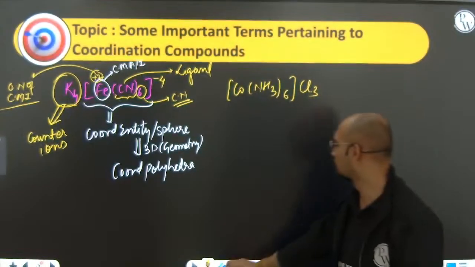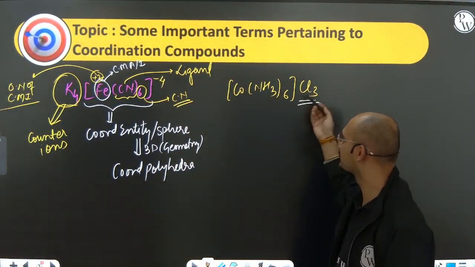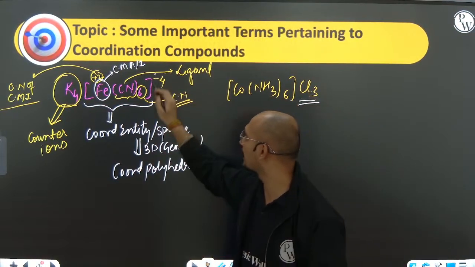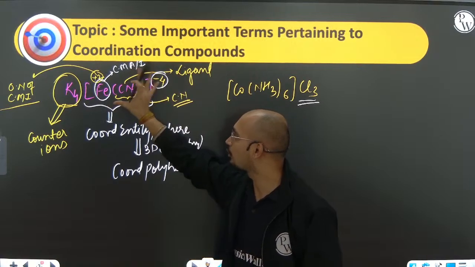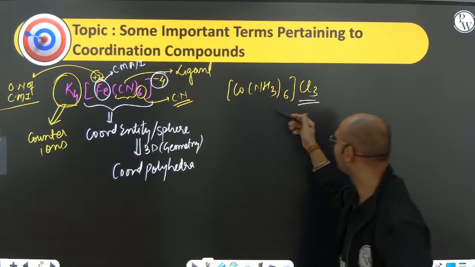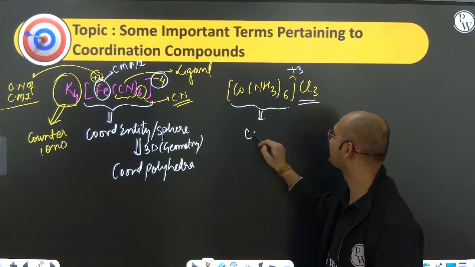Here also you will see the same thing. What is this Cl? Chloride. Here the overall charge was negative, so it is a complex anion. Whereas here the complex was +3, so it is a complex cation.